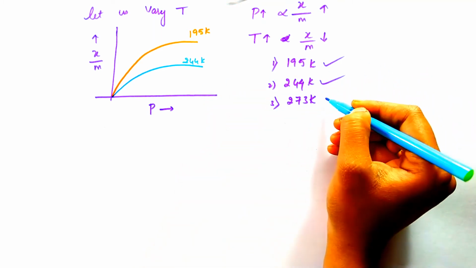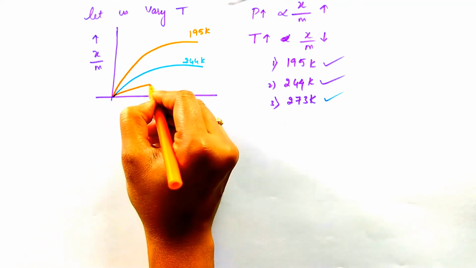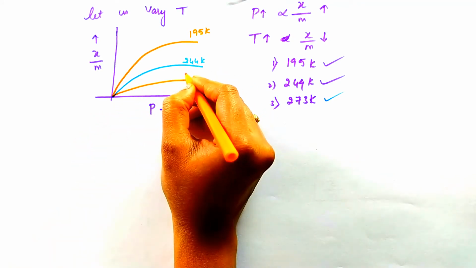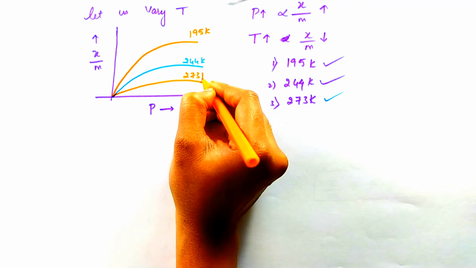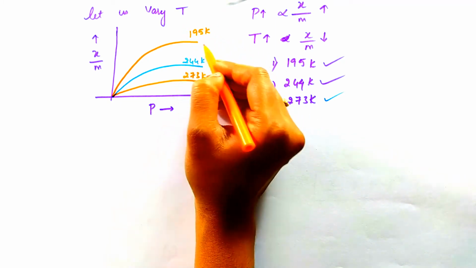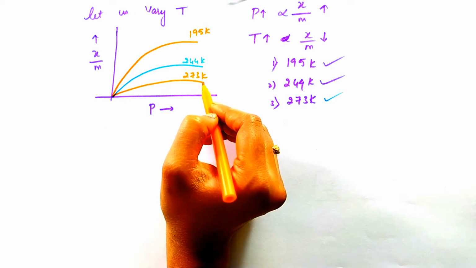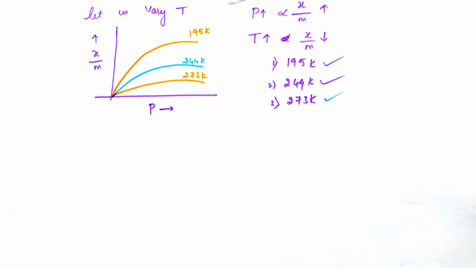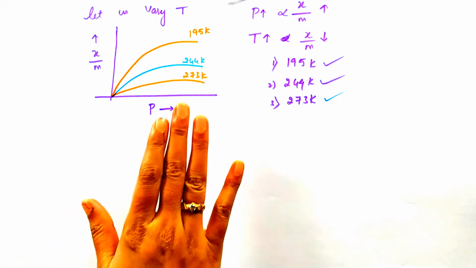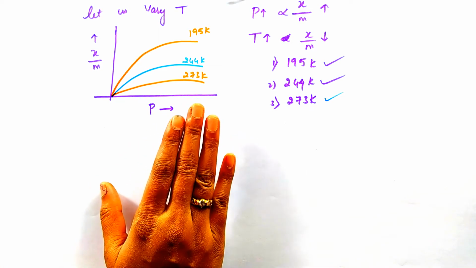At 273 Kelvin, again the adsorption decreases. You can observe that as the temperature increases, adsorption decreases. This is the second graph, which is also called the adsorption isotherm graph.